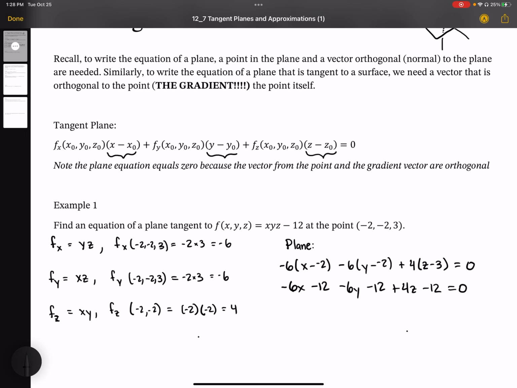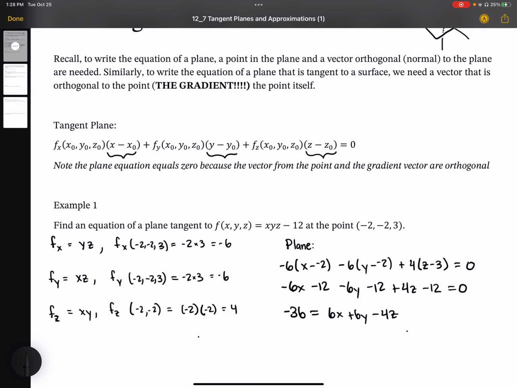Now if we move all of the variables to the right side, for instance, we'll get -36 equals 6x plus 6y minus 4z.